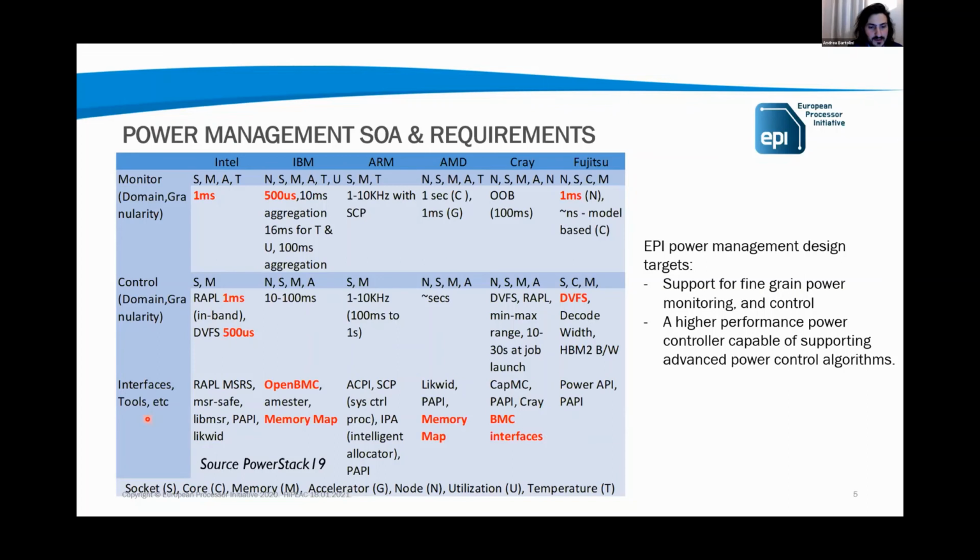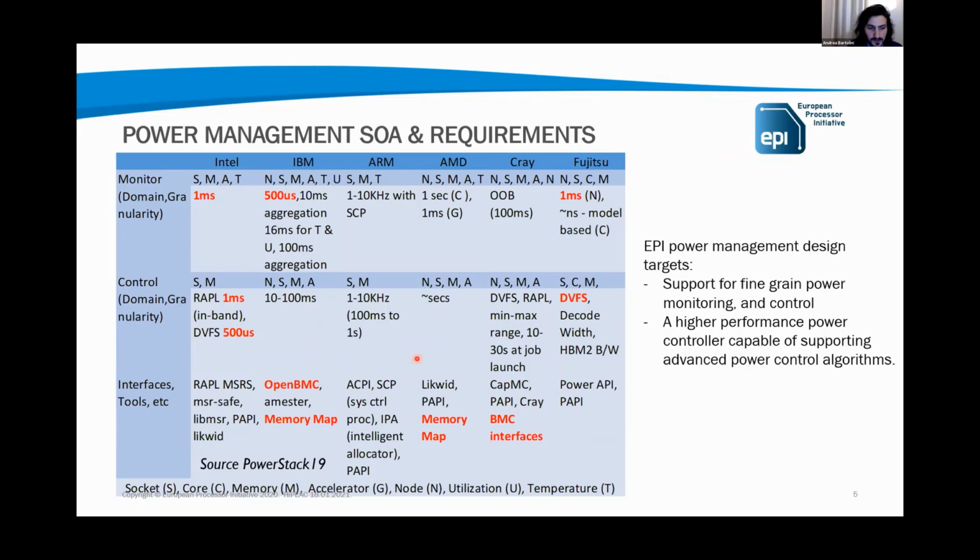Then at the level of interfaces, we have several interfaces which change a little bit between the different vendors. This is not completely standardized, so each vendor has its own interface for interacting with the low-level power management features. Among the many, there are architecture-specific registers and libraries, such as performance monitoring libraries, which wrap these registers.